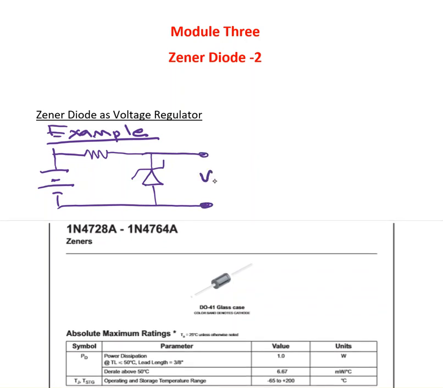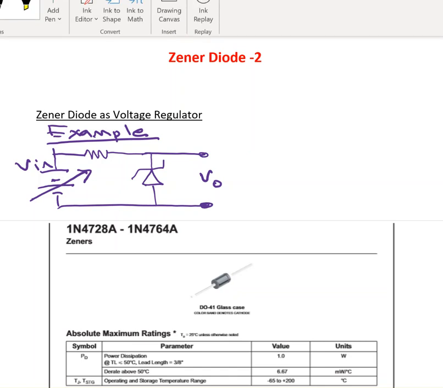Where we have our voltage here, V output, and this is our input voltage, which we would like to vary such that our output voltage is always a certain specified value. As an example, we would like to have Zener diode number 40 from our previous table.